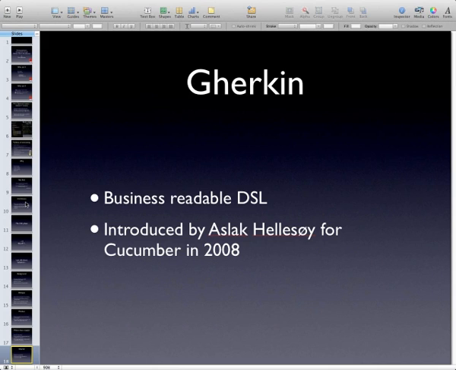So at the heart of, or at least eventually at the heart of BDD, is something that is often referred to as Gherkin. It was introduced in 2008 by Aslak Hellesøy, the author of Cucumber, a BDD style framework for running these specifications in.